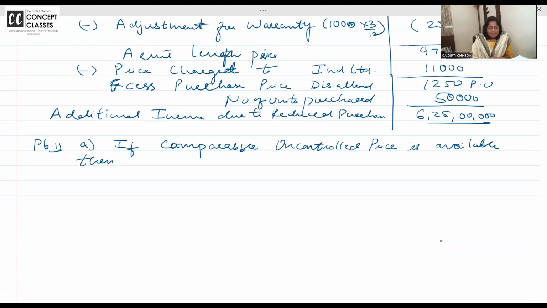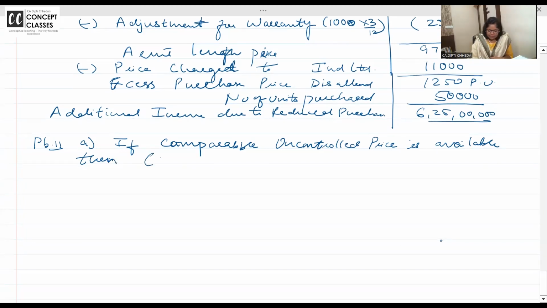If comparable uncontrolled price is available, then cup method is used and arm's length price will be $20 per unit.